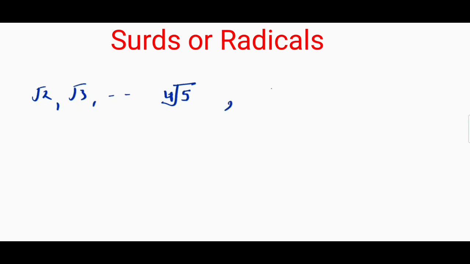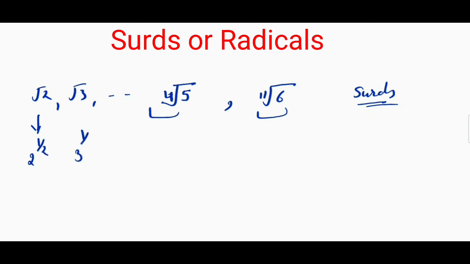These types of numbers are known as surds. And we can write these numbers as we know: we can write square root of 2 as 2 raised to power 1 by 2, and cube root of 3 as 3 raised to power 1 by 3. And this number we can write as 5 raised to power 1 divided by 4, and this we can write as 6 raised to power 1 by 11.